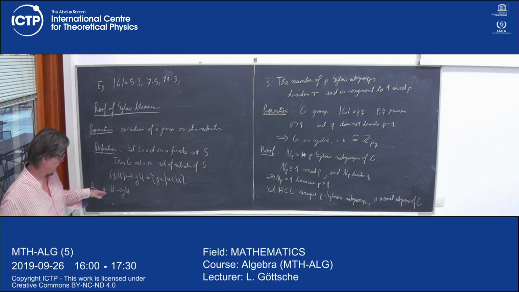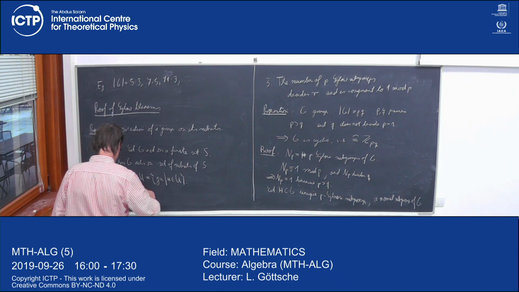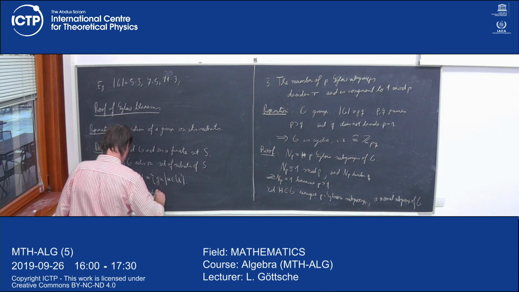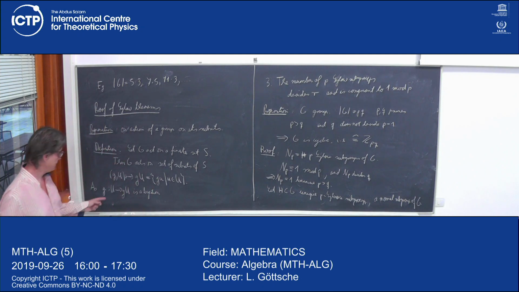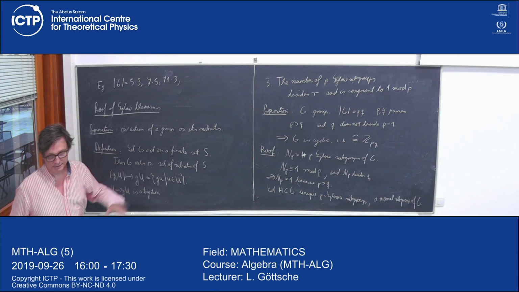It's a one-to-one map, so a bijection onto its image. It means that U always has the same number of elements as gU, so I can also view it as an action of G on the set of subsets of S with a certain fixed number of elements.